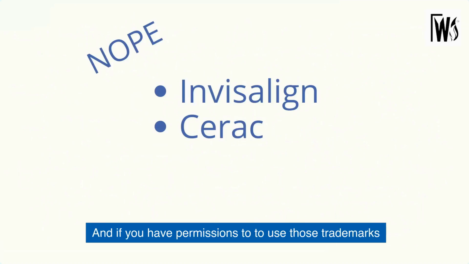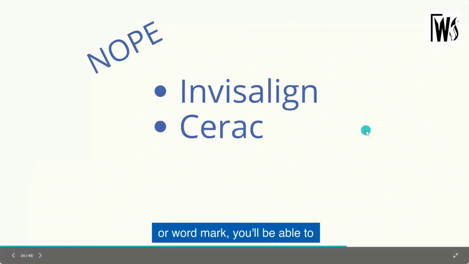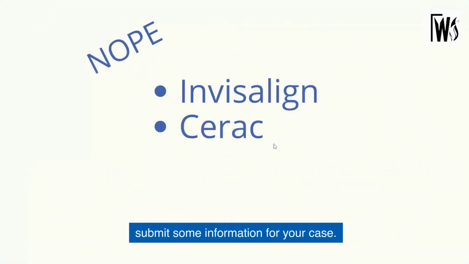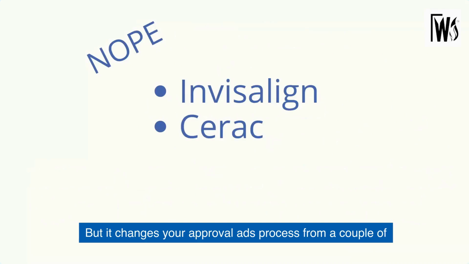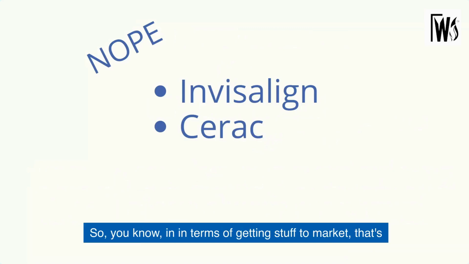And if you have permissions to use those trademarks or word marks, you'll be able to submit some information for your case. But it turns your approval of ads from a couple of days to a week or more, depending on the complexity of what's going on and who's involved with the process on the other end that's approving the ads. So, in terms of getting stuff to market, that's not a good thing.